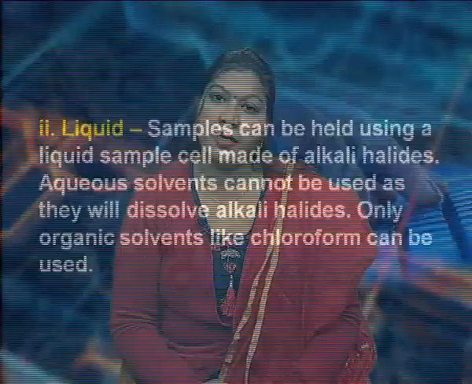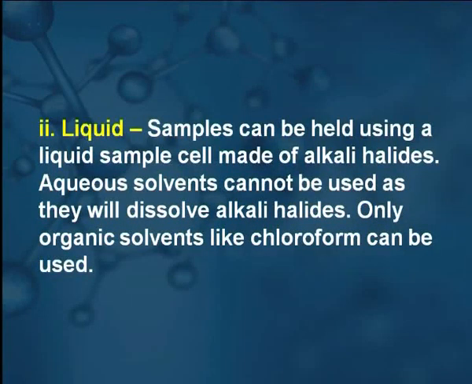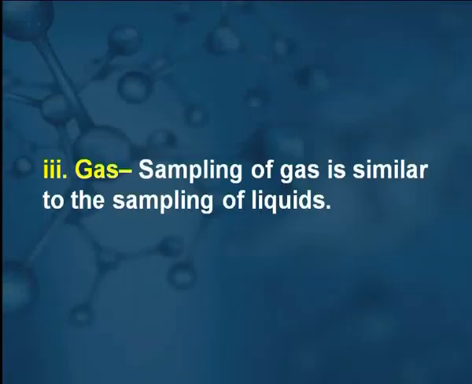Second is the liquid, where the sample can be held using a liquid sample cell made of alkali halides, where aqueous solvents cannot be used as they dissolve alkali halides. So only organic solvents like chloroform can be used for liquids. Now, sampling of gas is similar to the sampling of liquids. So we have three types of samples to characterize by using IR spectroscopy.